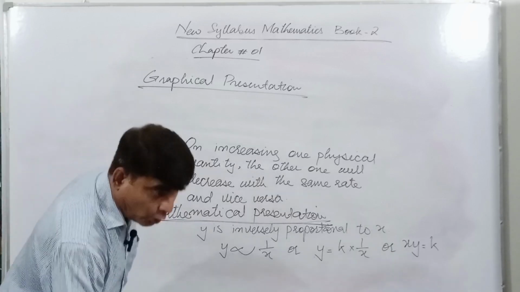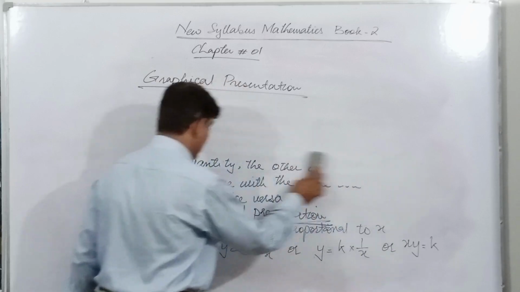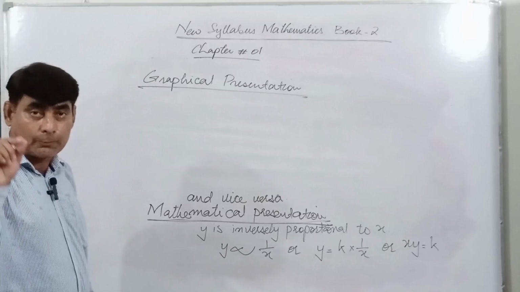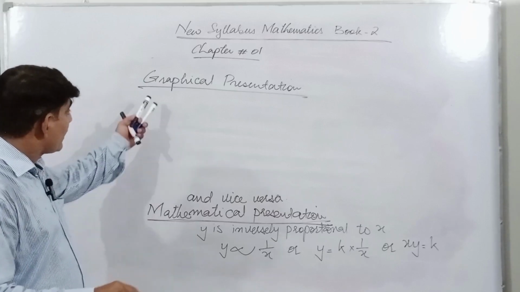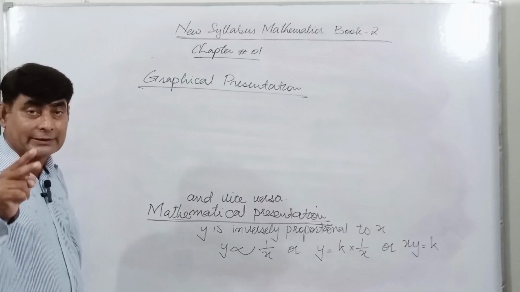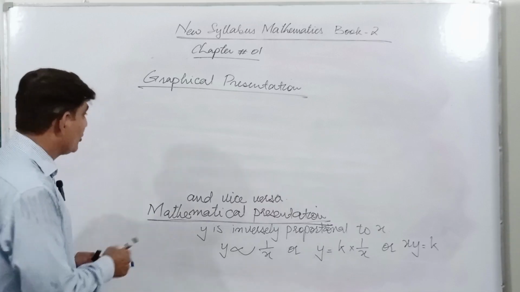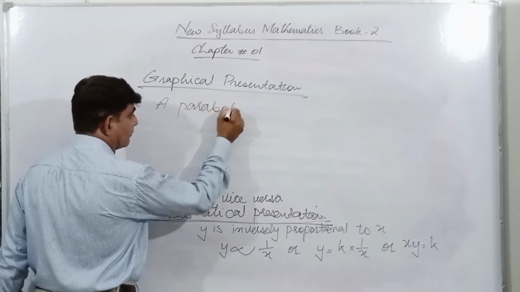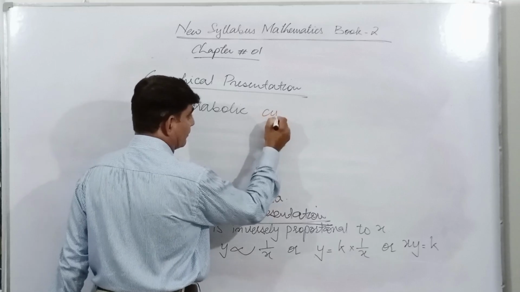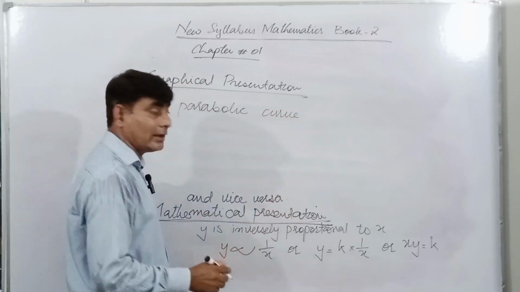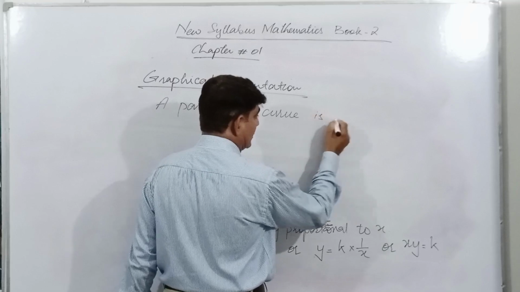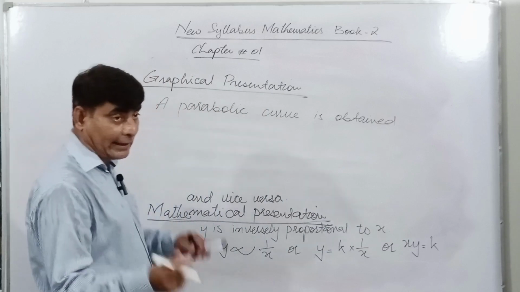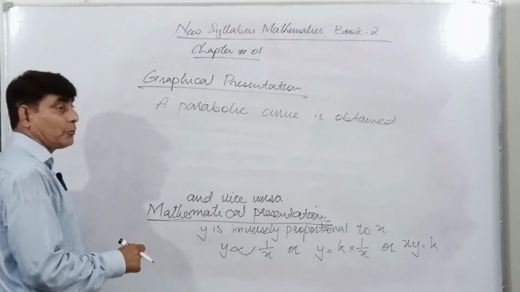Now listen. We always have a parabolic curve. A parabolic curve is obtained when there is a relation between two quantities which are inversely proportional to each other. So, a parabolic curve is obtained when there is an inverse proportionality.